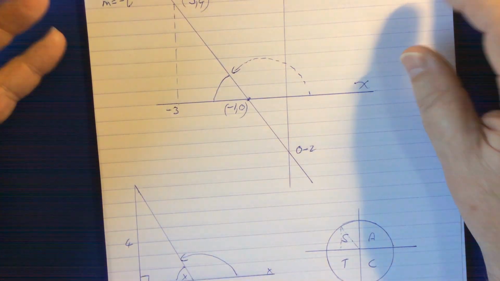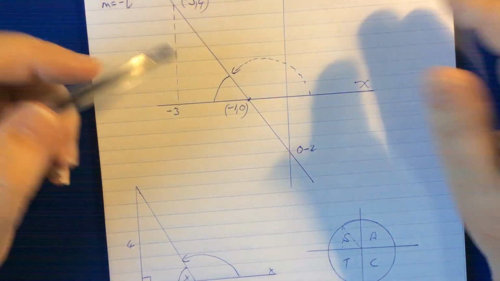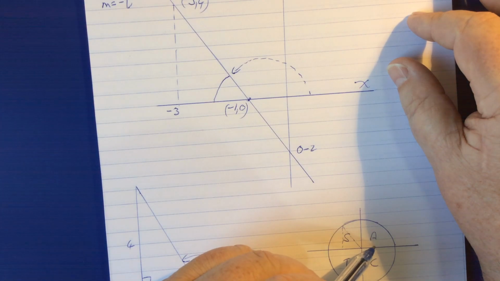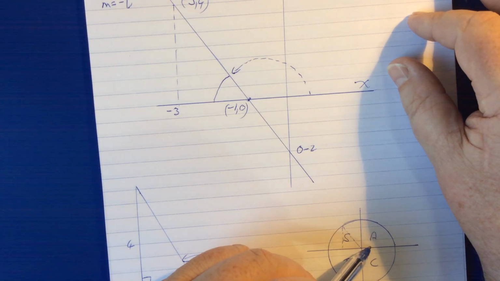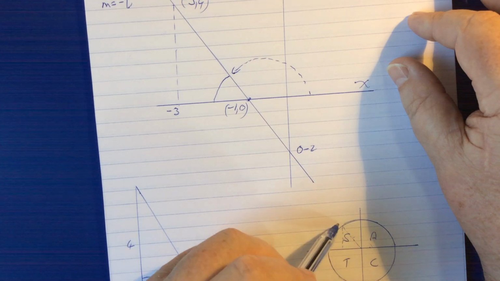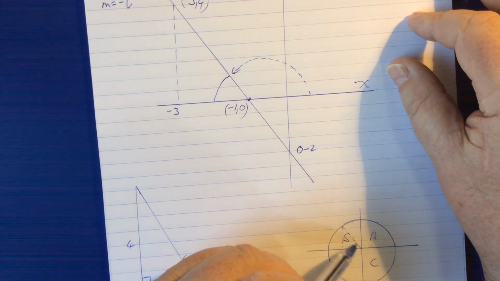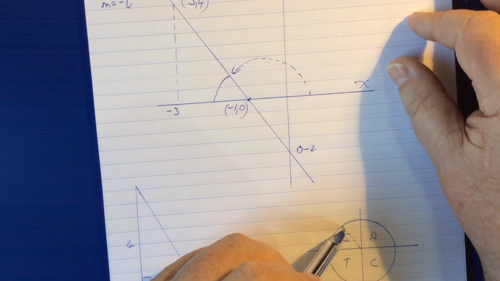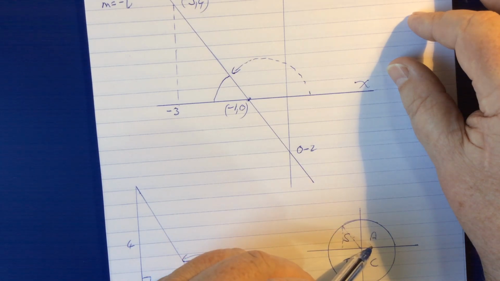So when we talk about the angle of incidence with the x-axis, we're always talking from the first quadrant around to wherever the radius in the unit circle is, or the hypotenuse of the triangle, from the nearest x-axis.